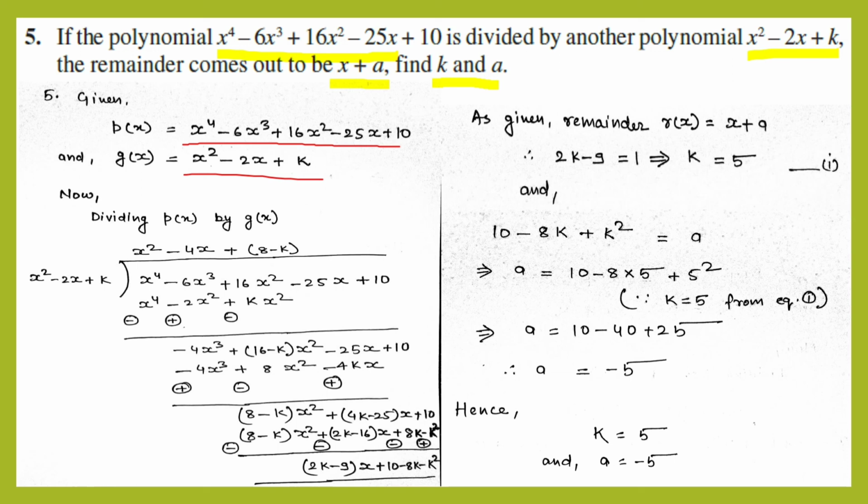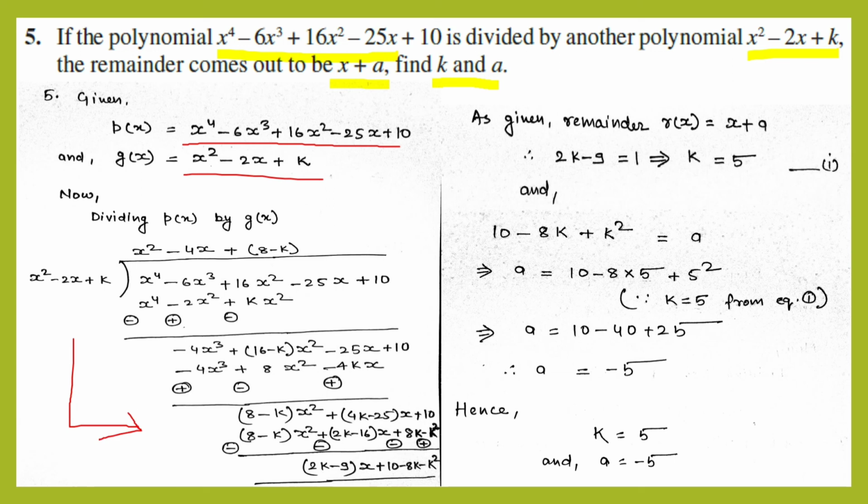Now we will divide p of x by g of x to find the remainder r of x. The division of two polynomials has been extensively covered in the last exercise 2.3 of the polynomials chapter. So I presume that you will understand the division performed over here.